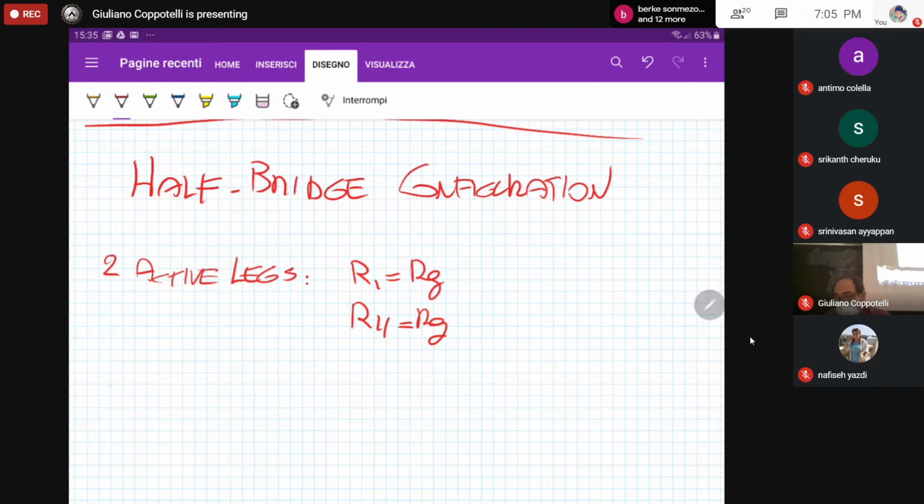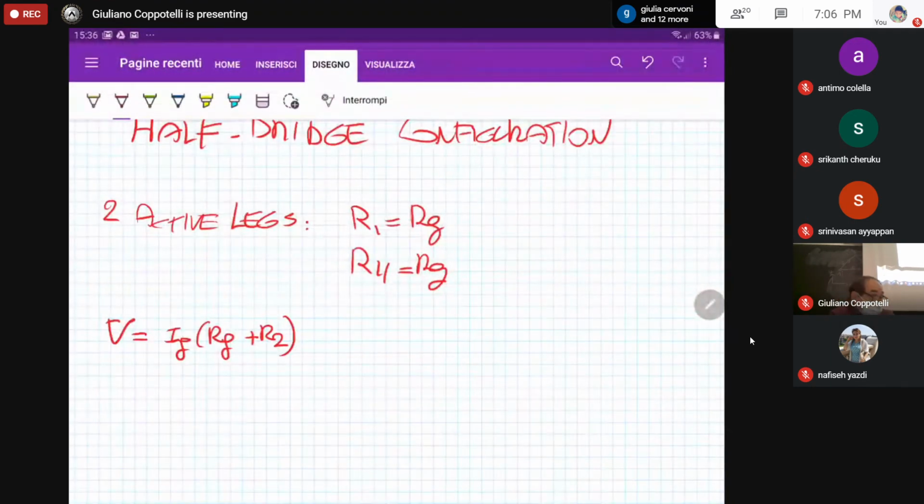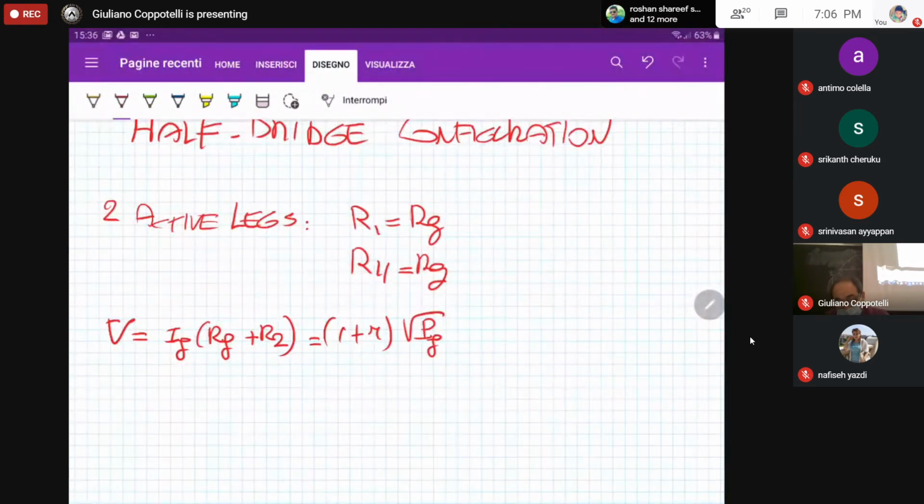The input tension and the maximum dissipated power is given by this equation that you know very well. Now we can't say anything about the resistance R2. Thus, what we got is equal to 1 plus r square PG RG.